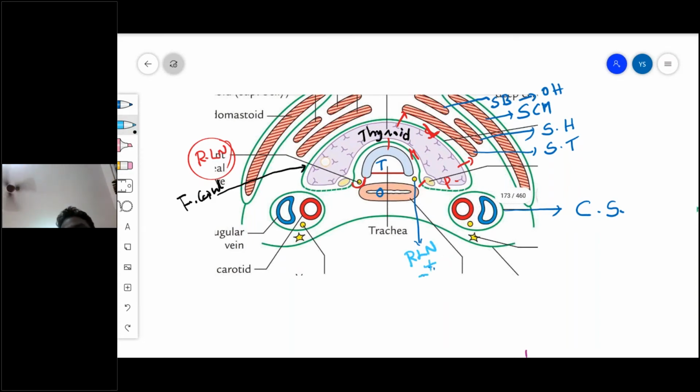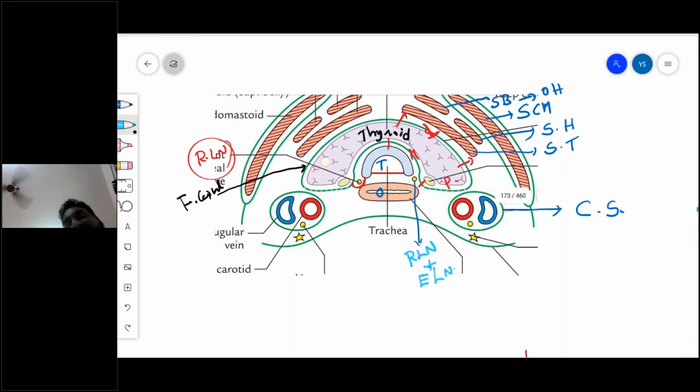So two nerves and two muscles are related to the medial surface of the thyroid lobe. Can you guess the two muscles? They are not shown in this picture, but one is the inferior constrictor and the other is the cricothyroid.